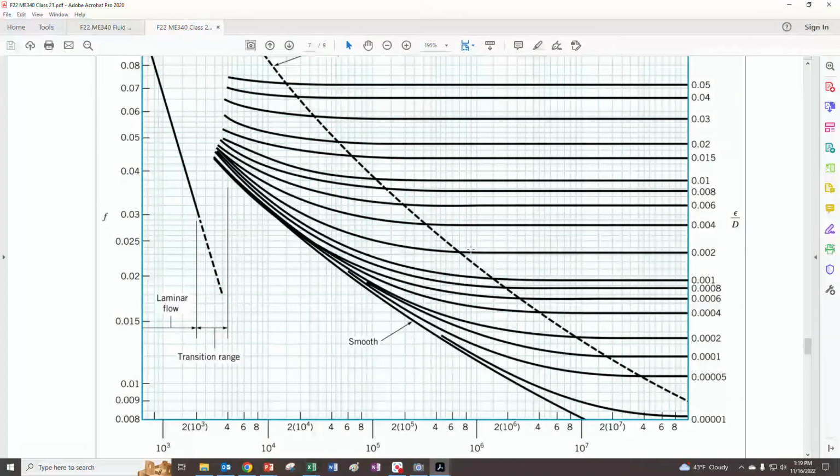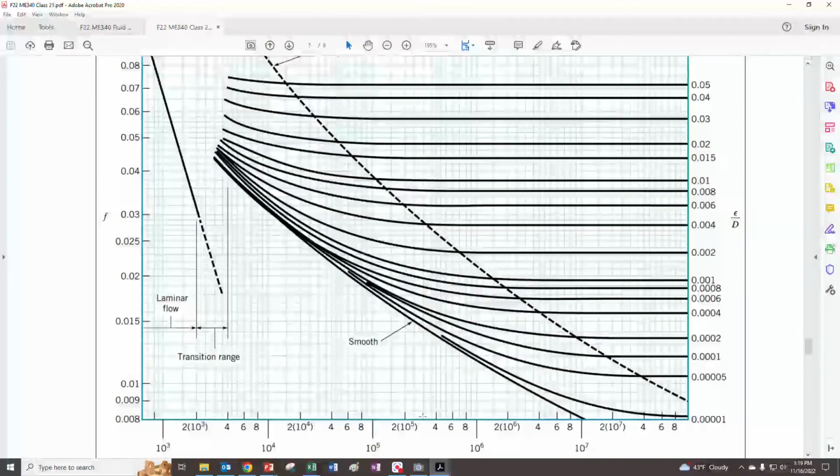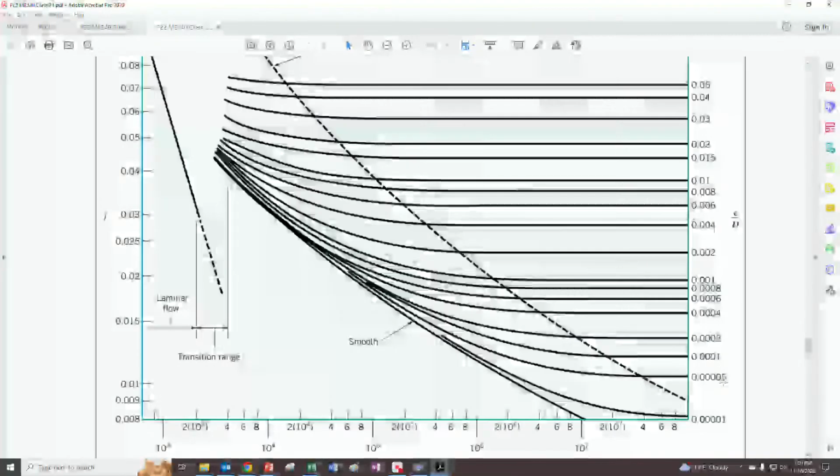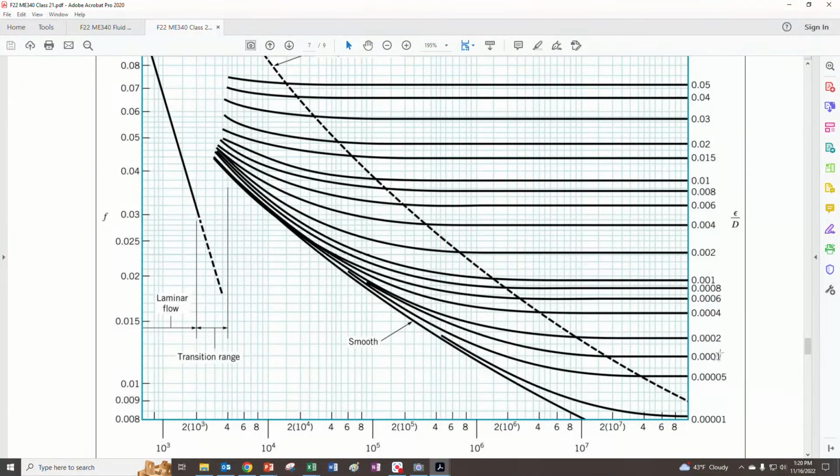So from this, we have 65, so that ends up being somewhere in between here. Here's 6, and here is 8. So we're going to be somewhere in that range, right? And then we also have 8.7 E minus 4. That would be 0.0000, so 3 zeros.